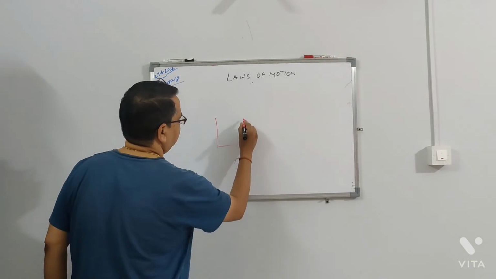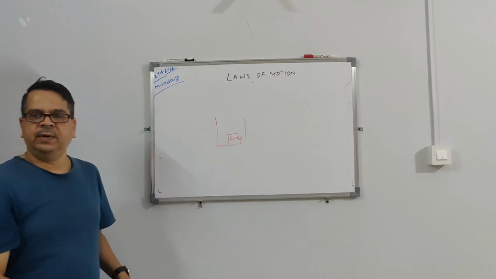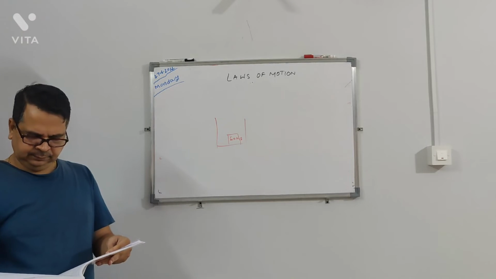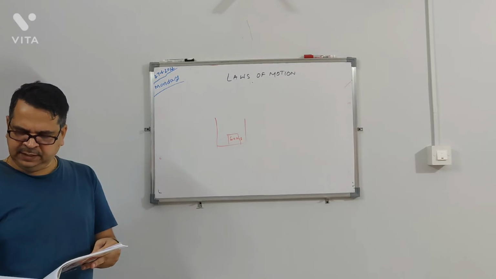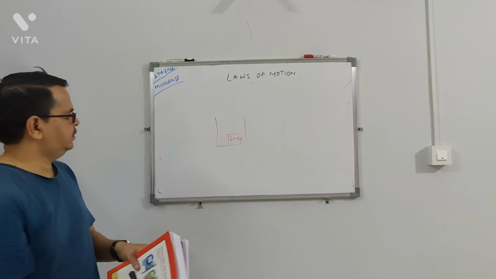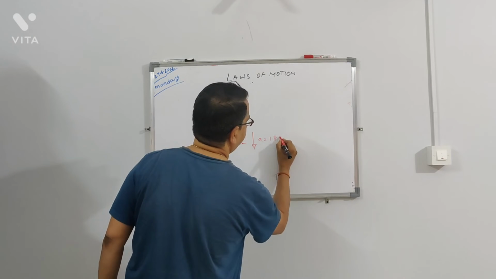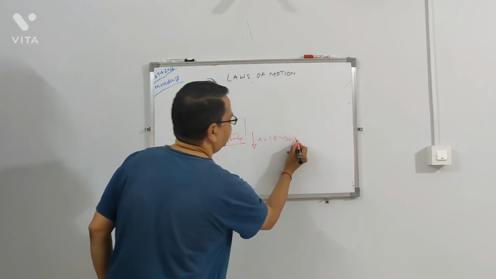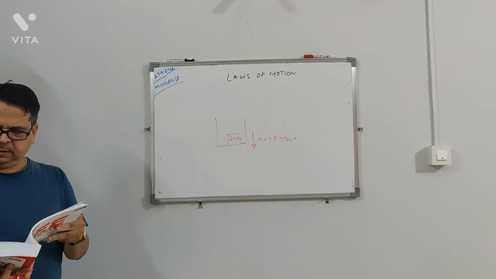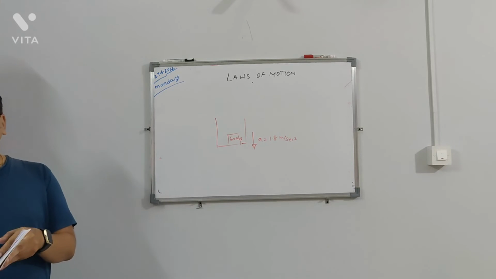So your weight is 60 kg, and the lift is moving down with acceleration 1.8 meter per second square. Find the force exerted by the floor on him.